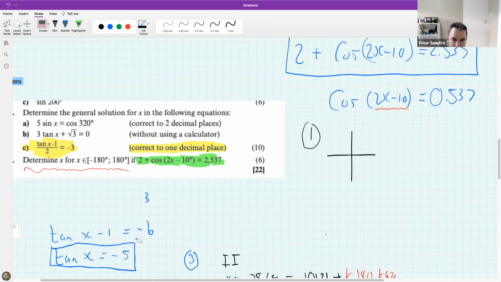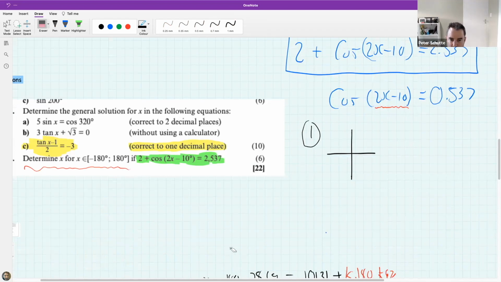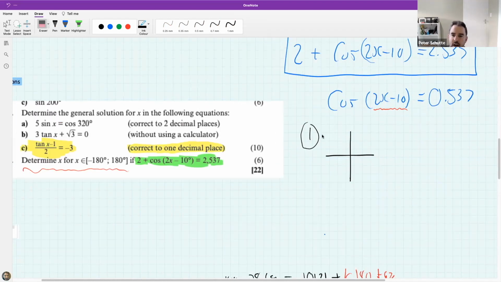So all I'm doing is I'm extending the methods I've taught you in the first part to handle more, I call them more dressed up trig equations. But once you get them back to the same dress code as before, everything is fine. So cos is positive in this quadrant and in this one, which would be whatever the reference angle is, or 360 minus the reference angle. Okay, exactly the same as before.